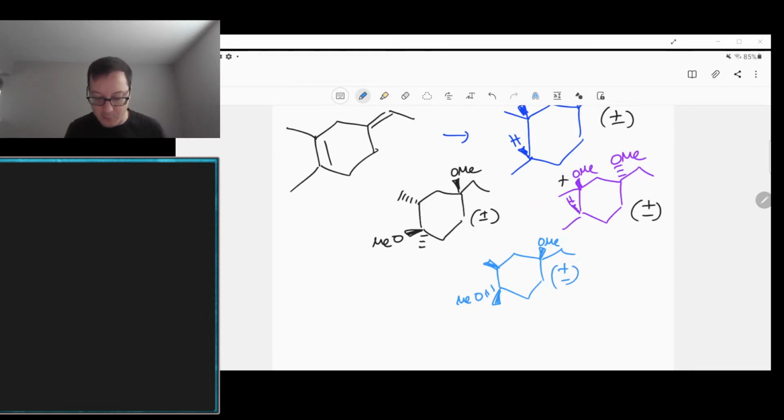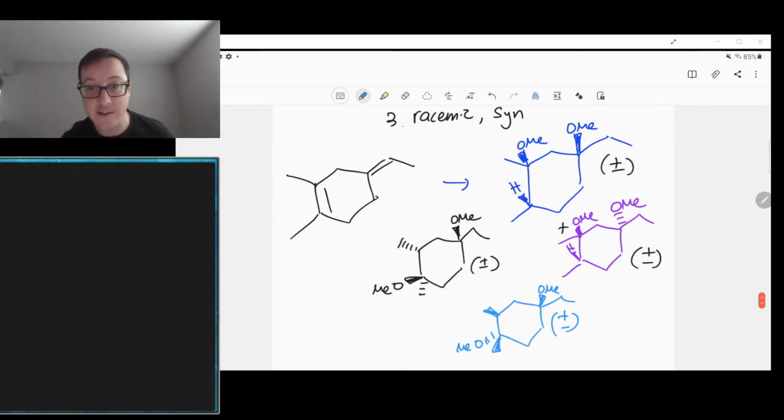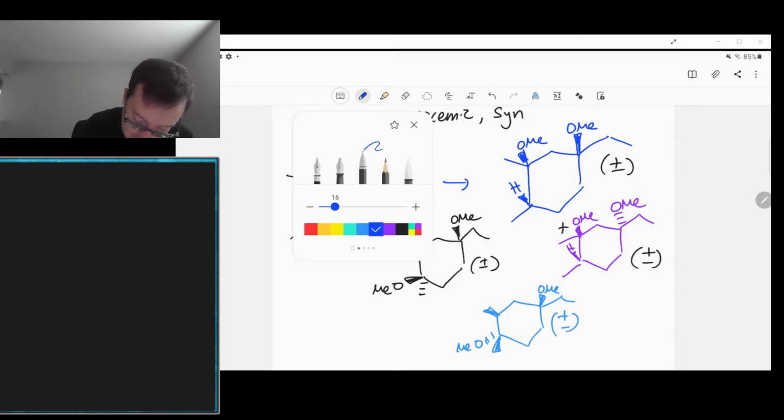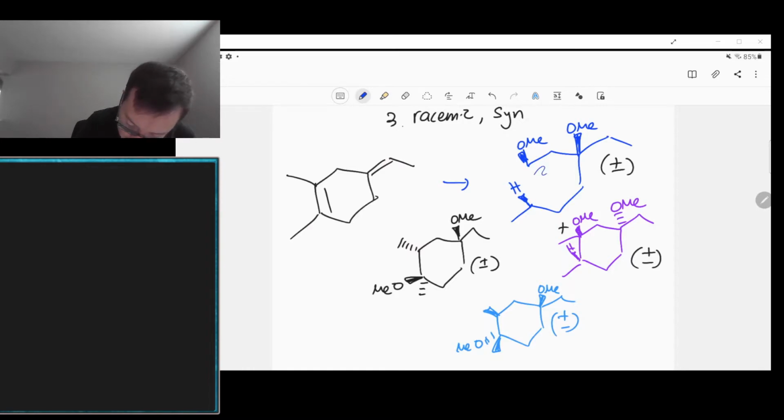The reason we have 4, of course, is we have the same sort of addition we had last time, where they can be adding to the same side or the opposite side as each other. Within the reaction itself, along that alkene, it's always going to be a syn addition. And if I were to be a good chemist, I would technically have to draw these as dashed methyl groups, which I will do now.